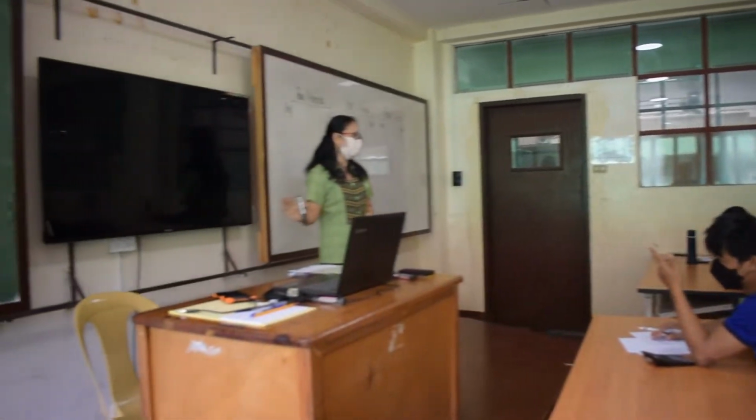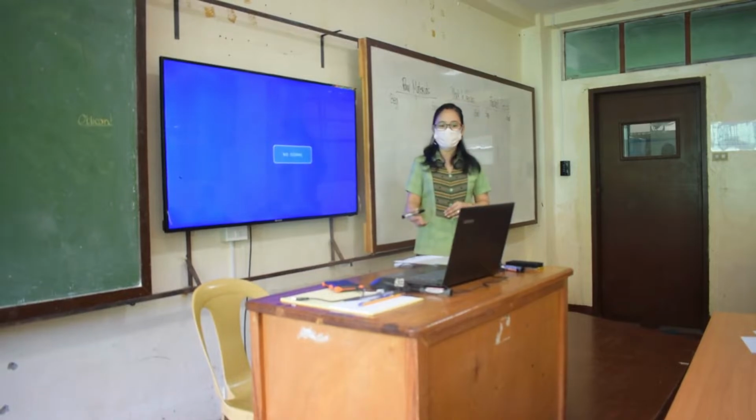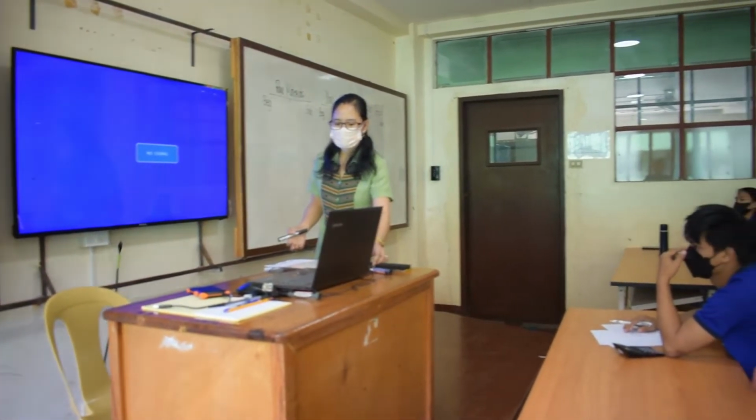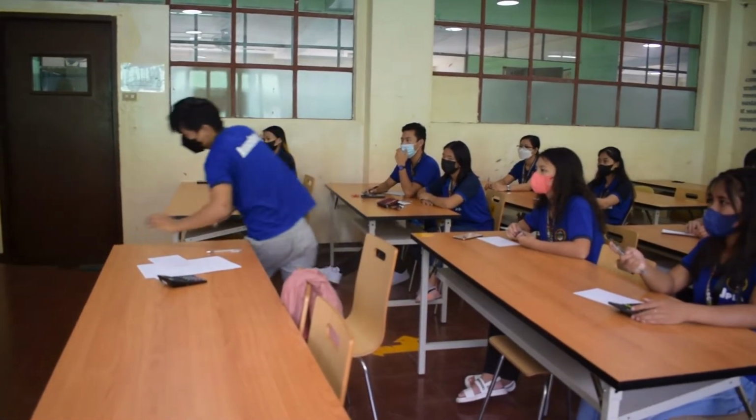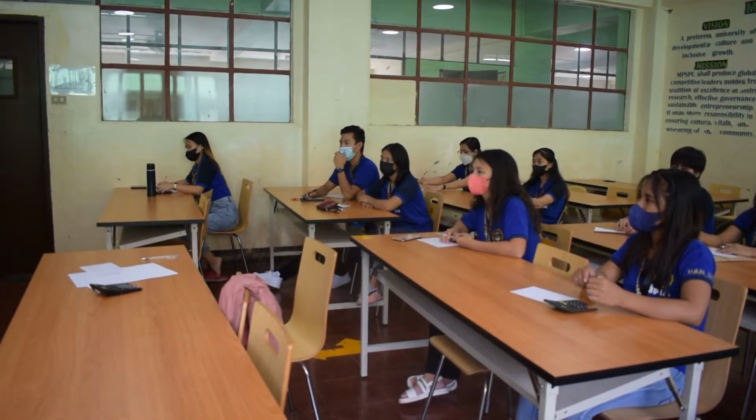Let's have a quick check again on whether you understood the formula. Beginning inventory, your purchases will be added, that's goods available for sale. Less your ending inventory, you will come up with your cost of goods sold.